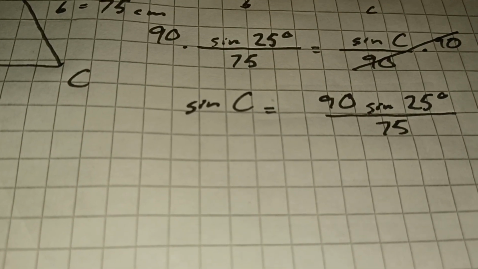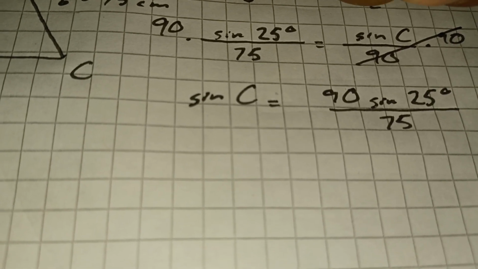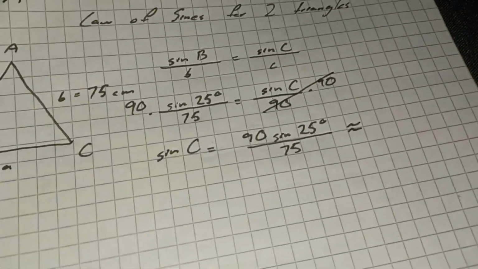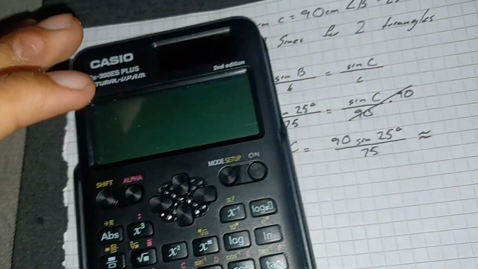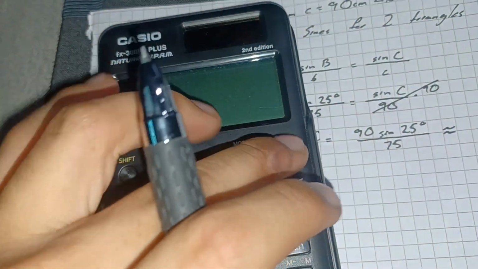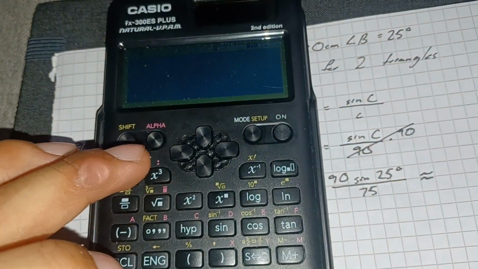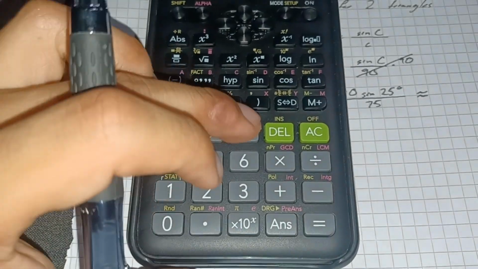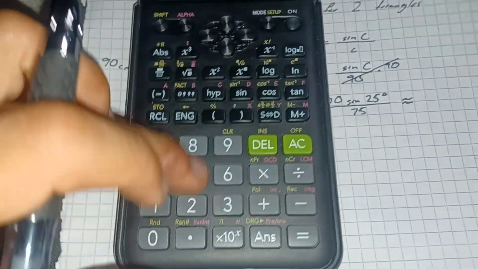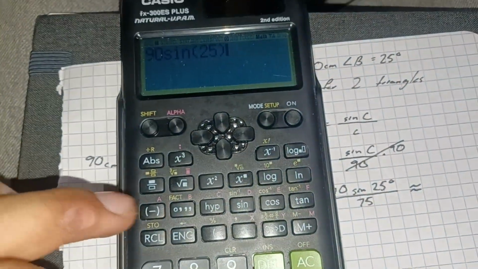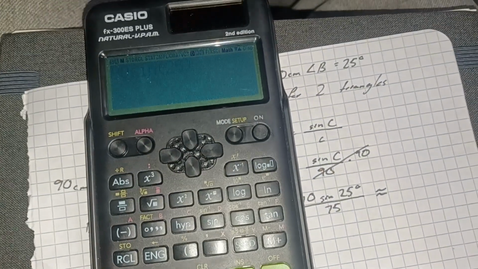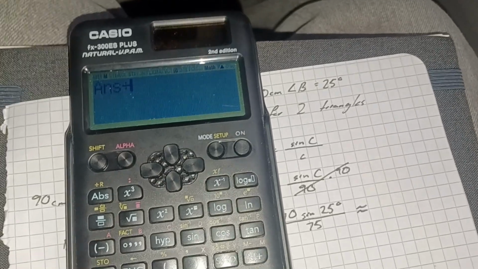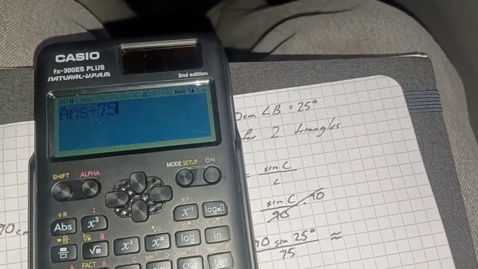So let's go ahead and approximate that using our calculator. So 90 times sine of 25 degrees equals 38.08, divided by 75, right?